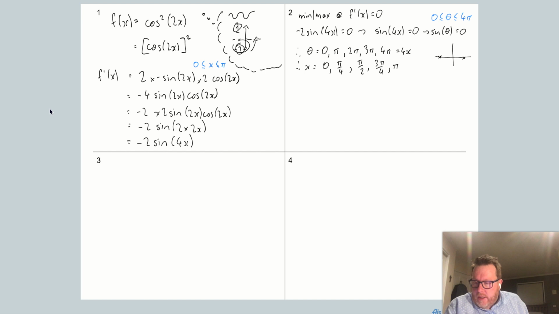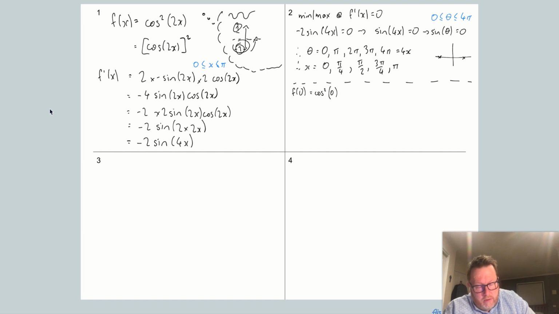What we'll do now is take each of those values and work out the y coordinate by substituting each of those values into the original function. So we're going to look at f of 0 first. And that's going to be equal to the cosine squared of 2 multiplied by 0.